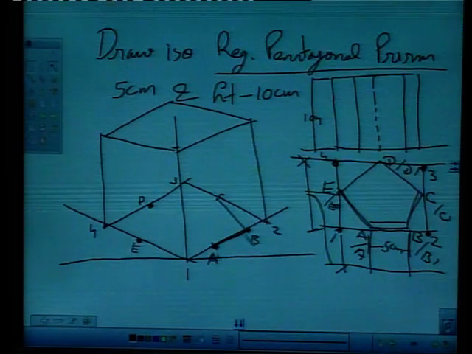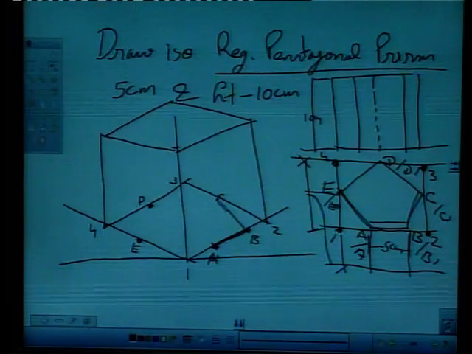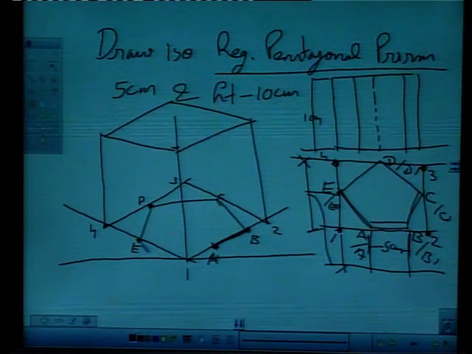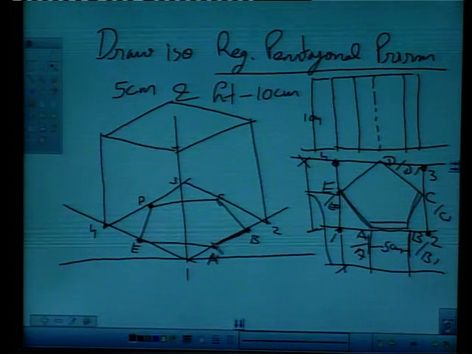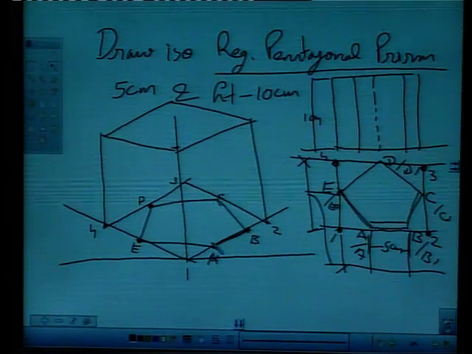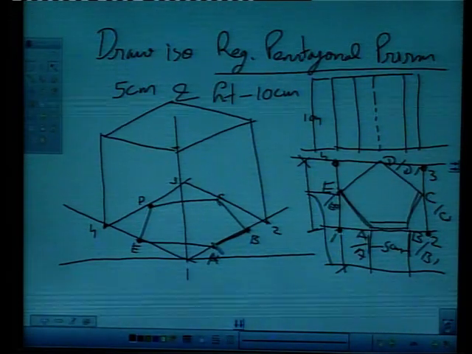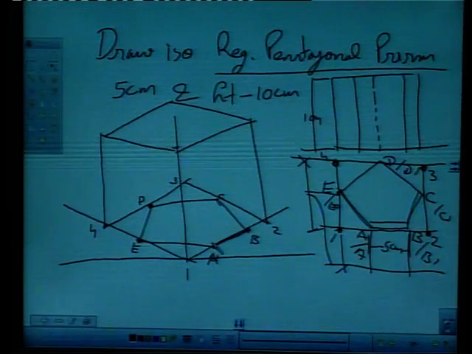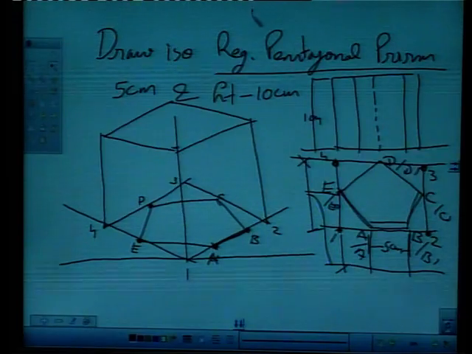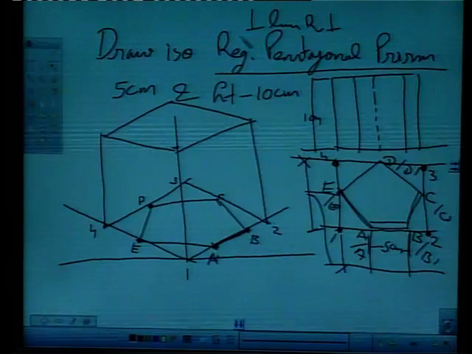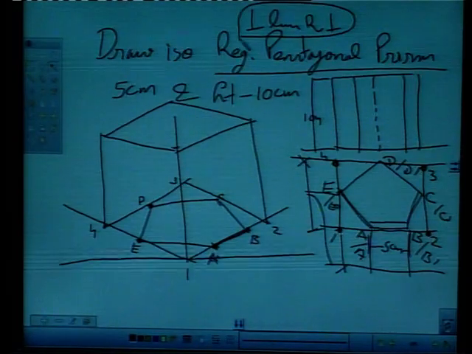Point A with B, point B with C, C with D, and point D with E, and point E with point A. This way we get plan of our given pentagon, right? There is a principle which says perpendicular lines remain perpendicular lines in isometrics. This is a principle of isometrics.